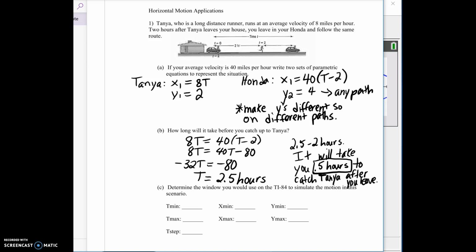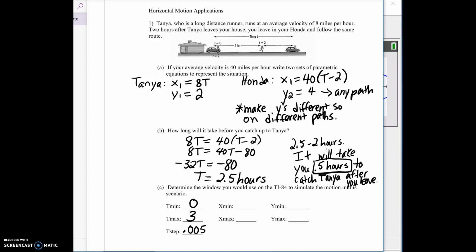Now, if we're doing this in hours, I'm going to do 0 for t min. I did a t max of 3. I make it a little bit bigger than the actual time. The t step can vary. I'm going to do 0.005. You could start with 0.01 if it's too fast. You could do 0.001.